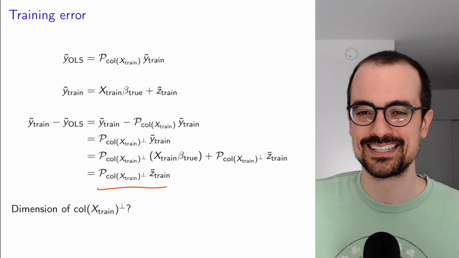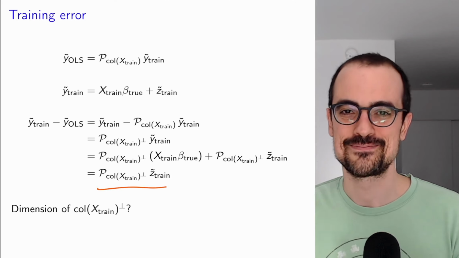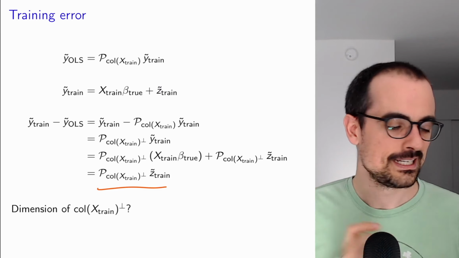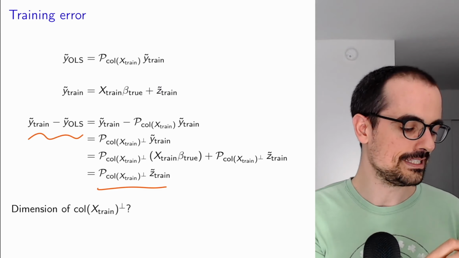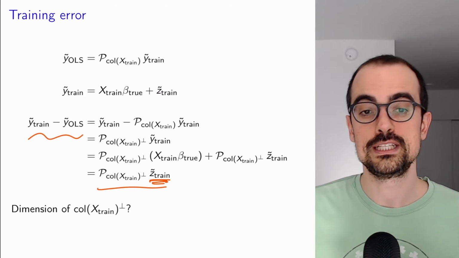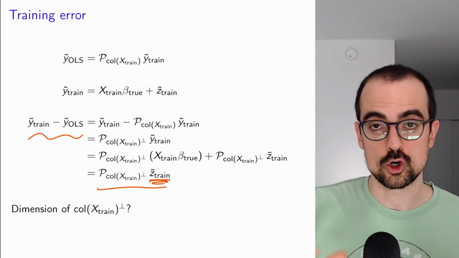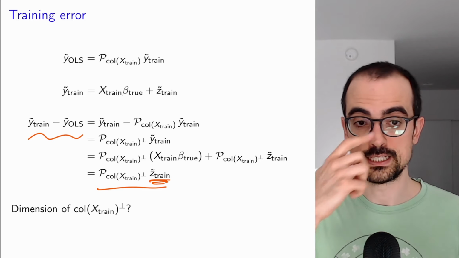I think the way I phrased that was a little bit strange, so let me try again. We have shown that the error is equal to the projection of this noise vector onto the orthogonal complement of the column space of the design matrix.